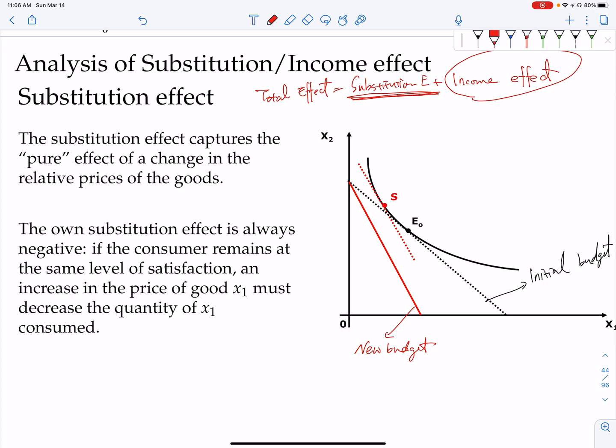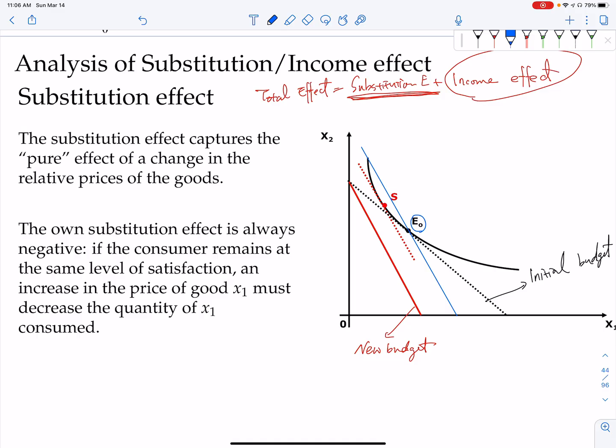There is no purchasing power change, but the price of X1 has gone up. So I probably have to draw this line, because if I do that, I can purchase the previous bundle. That's roughly to say that there is no change in the purchasing power.